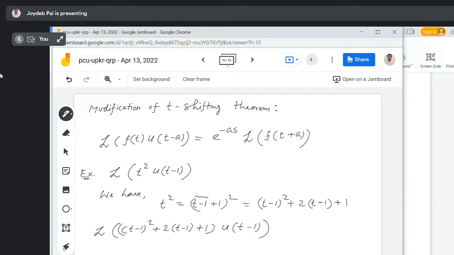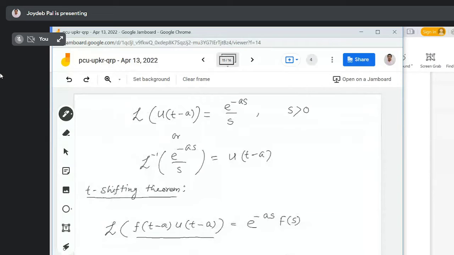Okay, so it is now in the f(t minus a) u(t minus a) form, right? Now you apply the t shifting theorem.